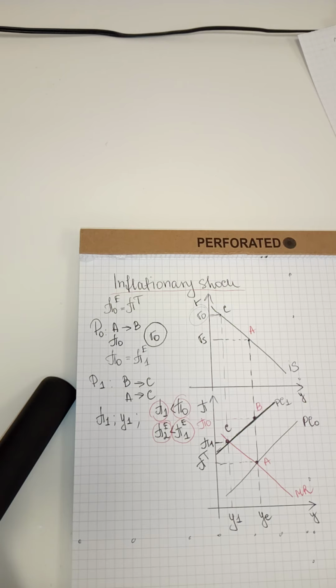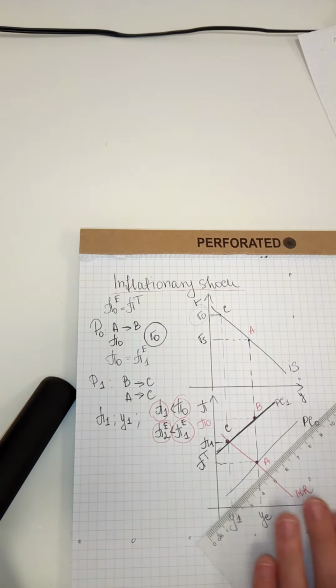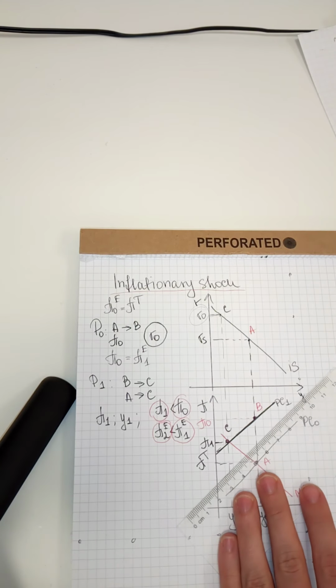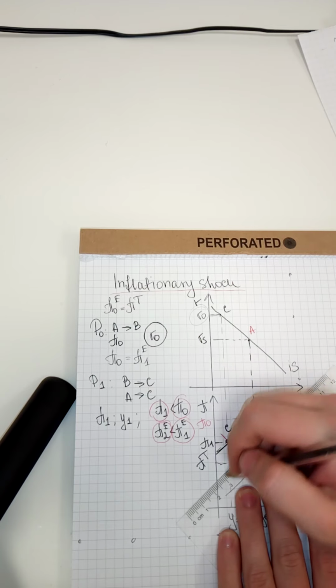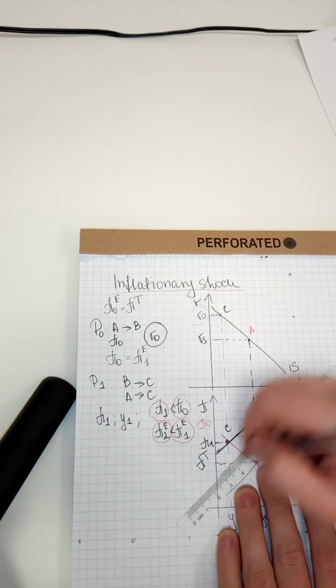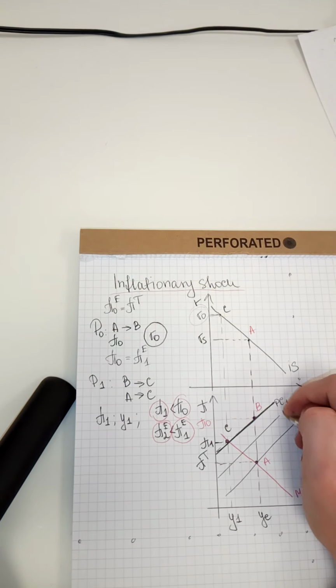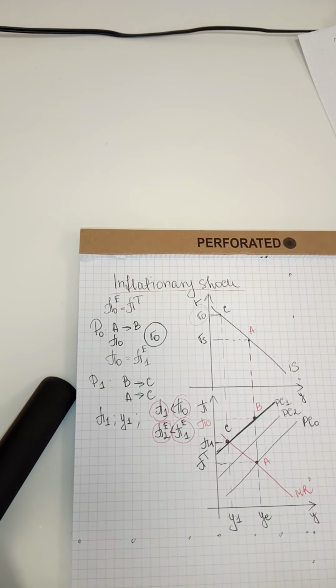So since the expected rate of inflation is lower in period 2 in comparison to period 1, in period 2, the Phillips curve will be located below the Phillips curve in period 1. So this is what we have. PC2.